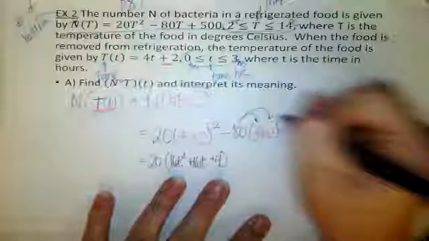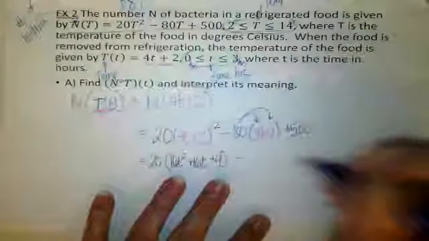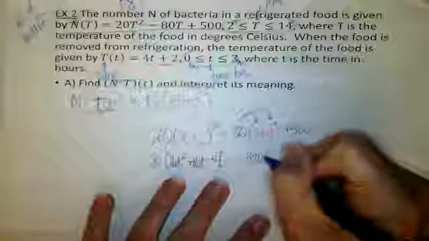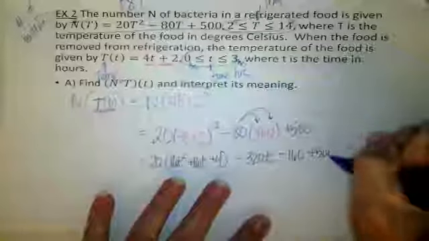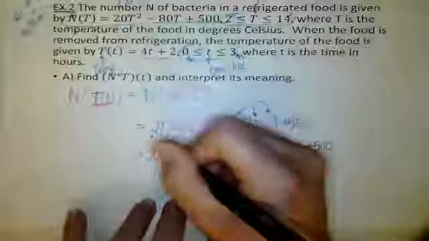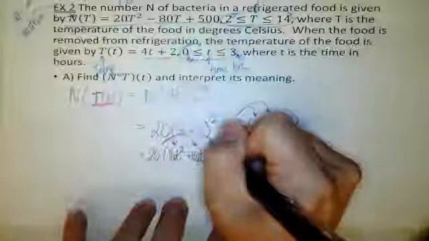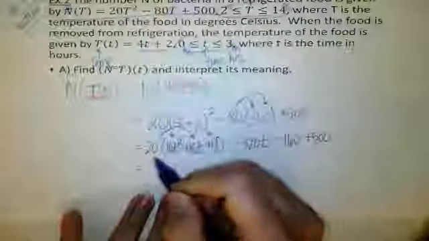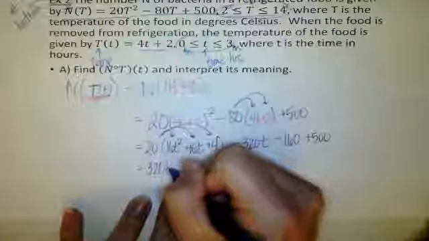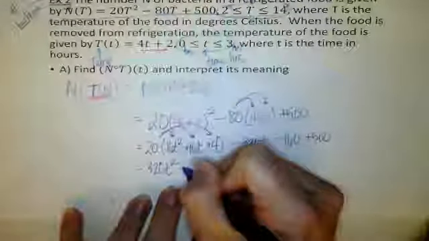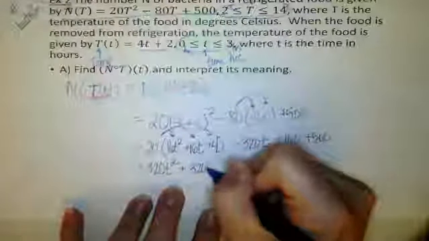I need to distribute the negative 80, so we get negative 320t minus 160 plus the 500. I need to distribute the 20. 20 times 16t squared, plus 320t.